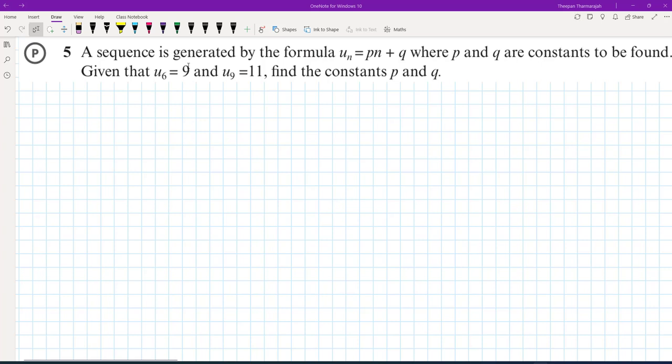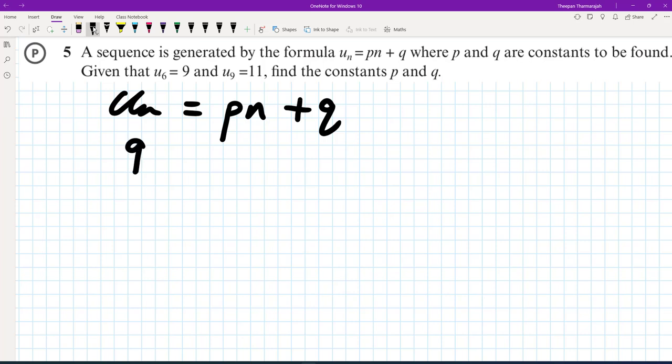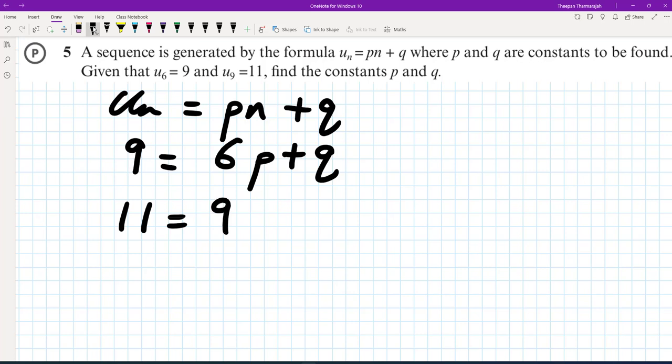Okay, welcome back. We have a question here: un, or the nth term, is pn plus q. The sixth term is 9, so 9 equals 6p plus q. The ninth term is equal to 11, so 11 equals 9p plus q.